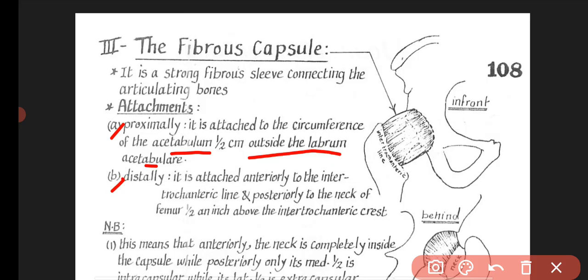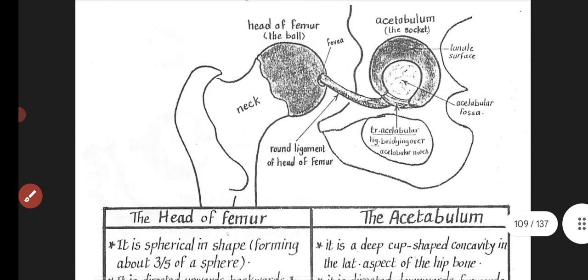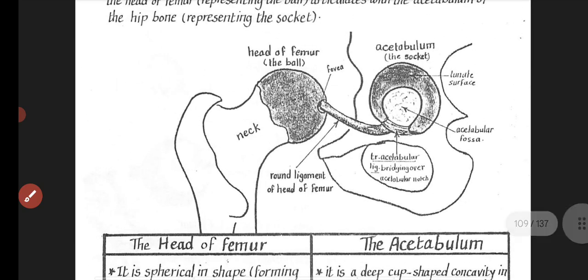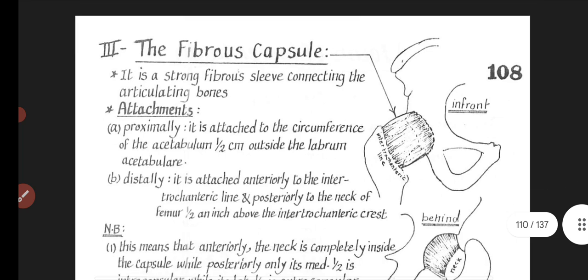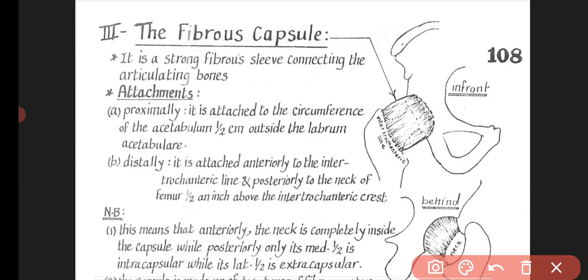Distally, it is attached anteriorly to the intertrochanteric line, and posteriorly to the neck of the femur, half inch above the intertrochanteric crest. So here, this is the intertrochanteric line and the intertrochanteric crest.